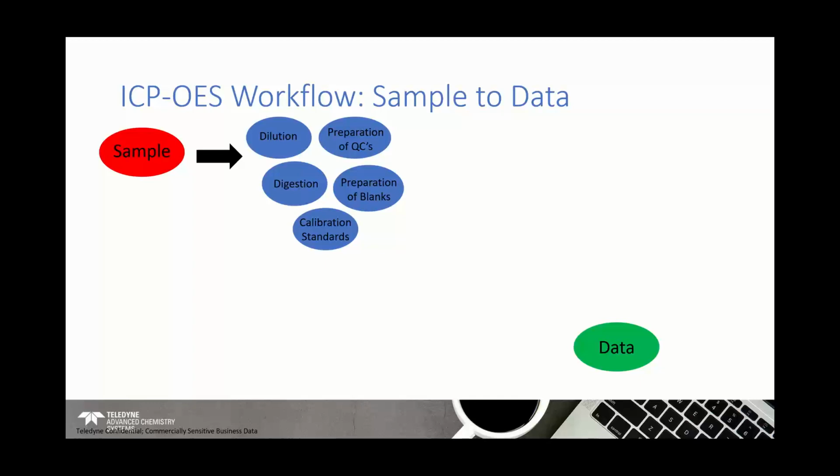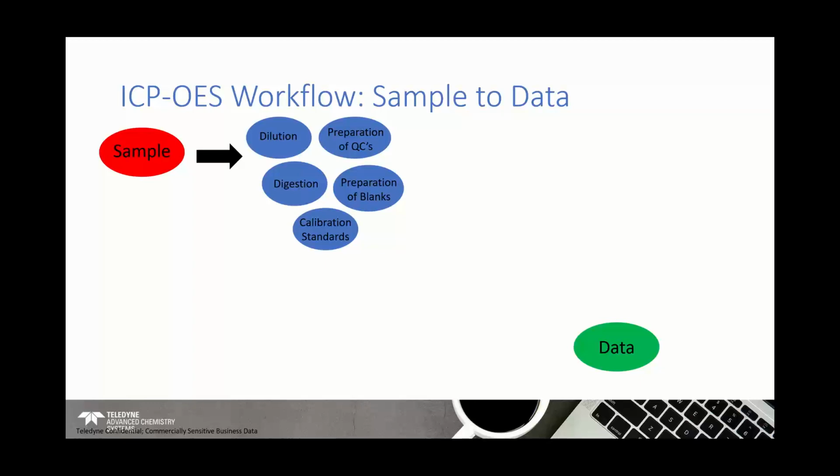Now, what we would most likely be interested in is quantifying the analytes of interest in this sample. In ICP OES, we're interested in quantifying elements of the periodic table. To quantify the analytes of interest in that sample, we need to prepare calibration standards to compare it to.